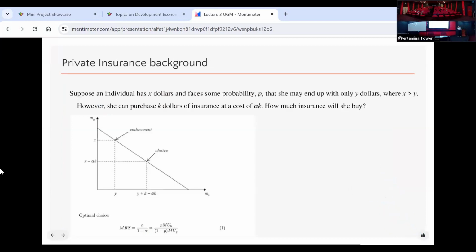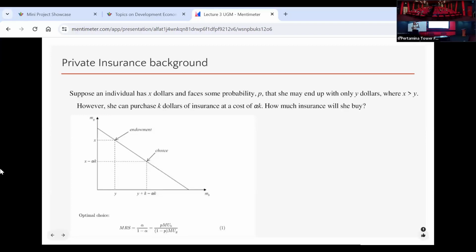So we're going to look at some background in private insurance. Okay? So imagine that we have an individual, and this individual has X dollars and faces some probability P that she may end up only with Y dollars.